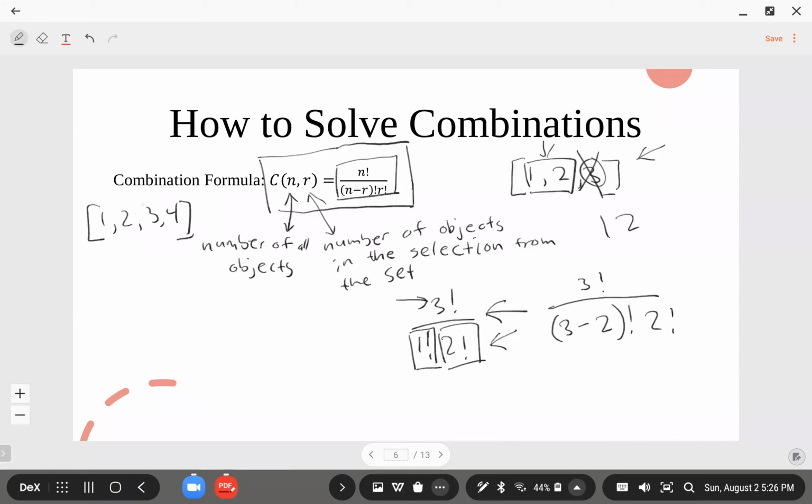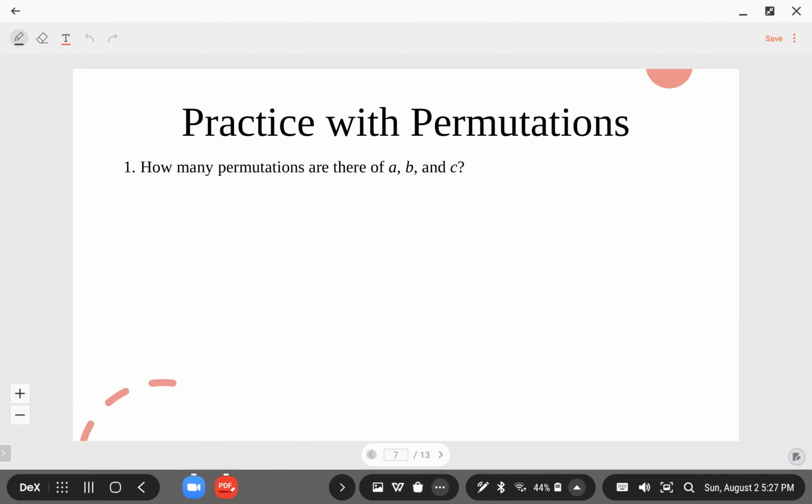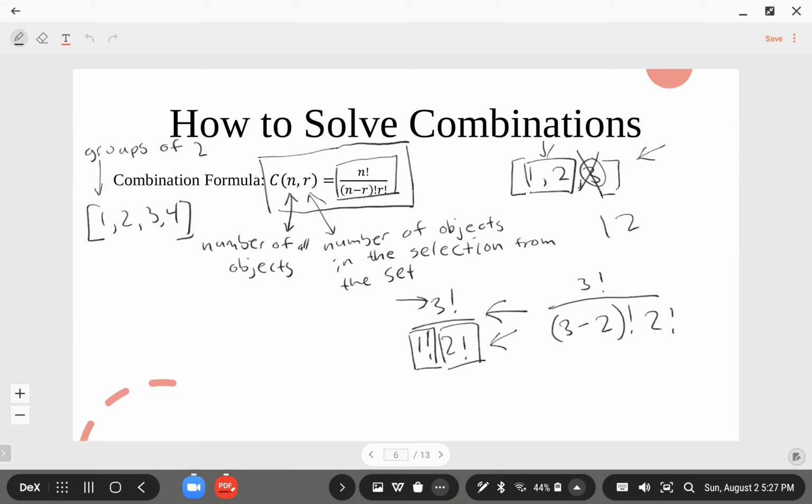How many groups of 2 can be picked out from this set of 4 objects? Groups of 2. Okay? So please solve this problem.